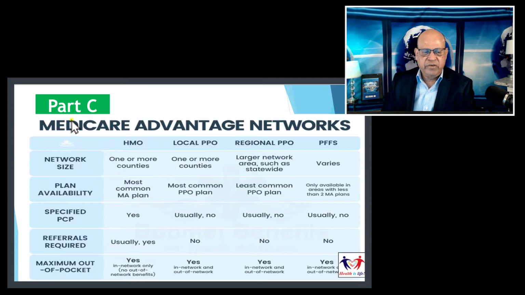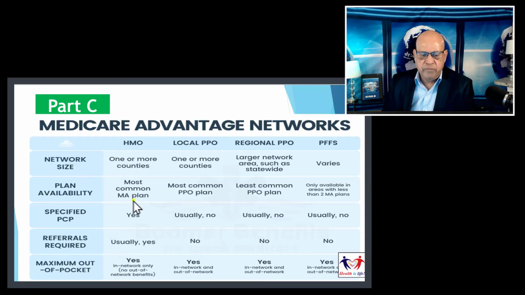And let's talk about the various types of Medicare Advantage plans that are provided by most of the insurance companies. First one is the HMO, Health Maintenance Organization. That is like the basic bare bones plan. And most of you are familiar with the HMO, where you have one or more counties which are involved in the network.